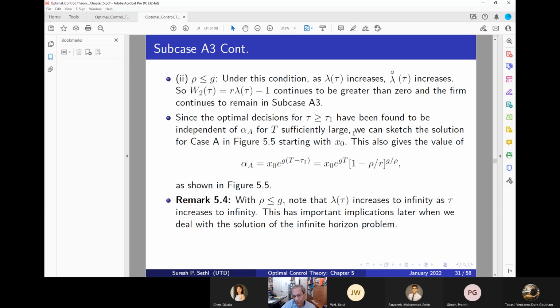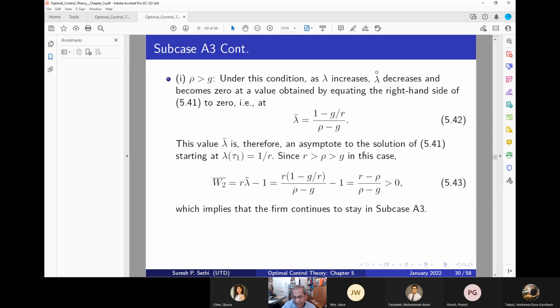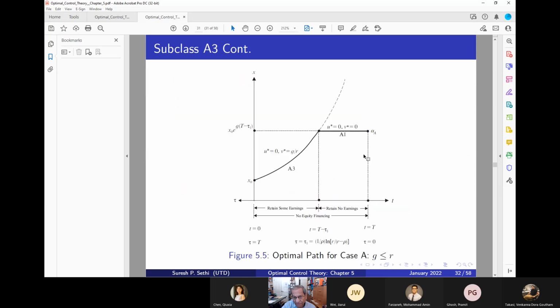So if I chose that value of alpha A, then the two-point boundary value problem will go like this and go like this and will land itself at x0.